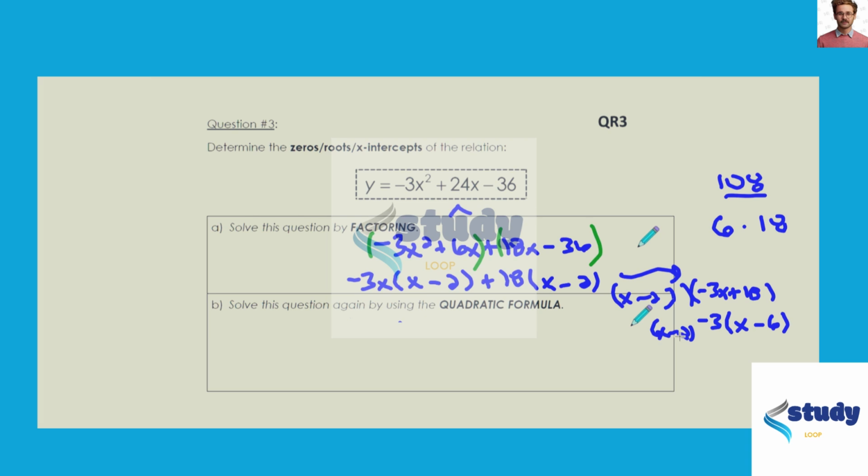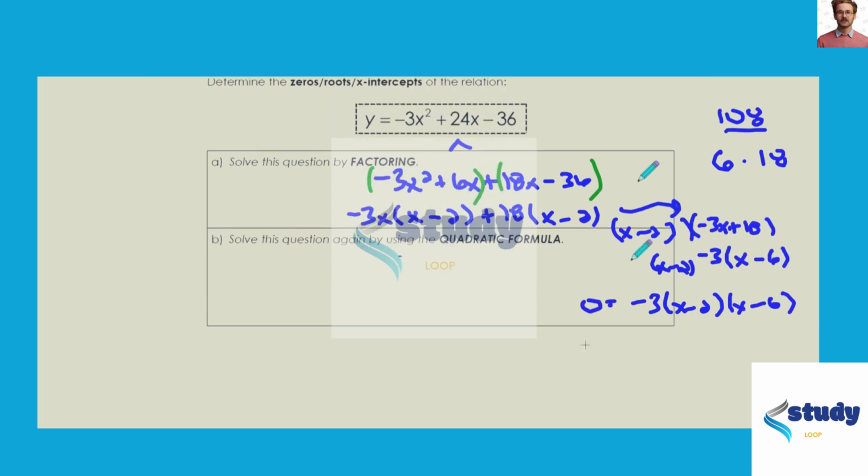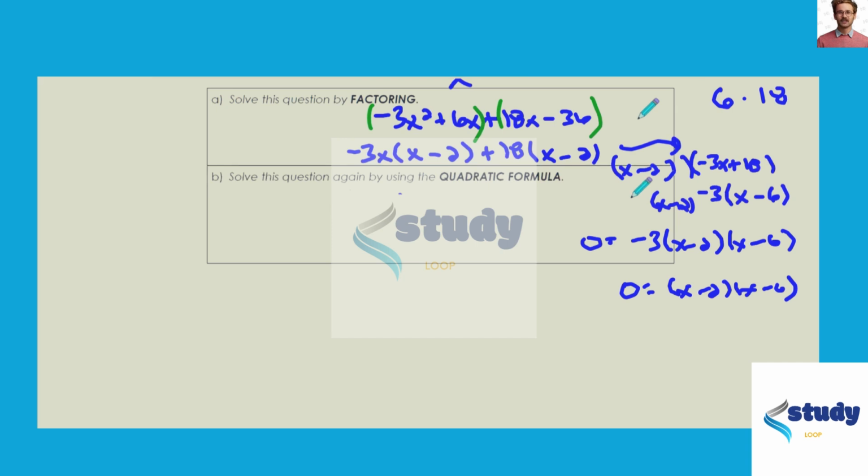We've got negative 3 times x minus 2 times x minus 6 is equal to 0. Divide both sides by negative 3 and we have 0 equals x minus 2 times x minus 6, which by the zero factor theorem would mean x equals 2 or x equals 6 to get those to 0.